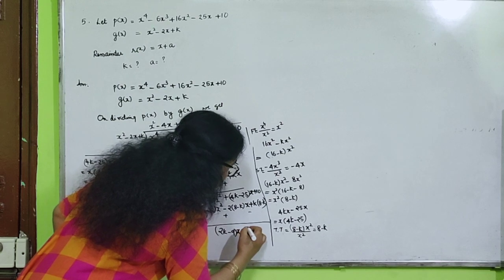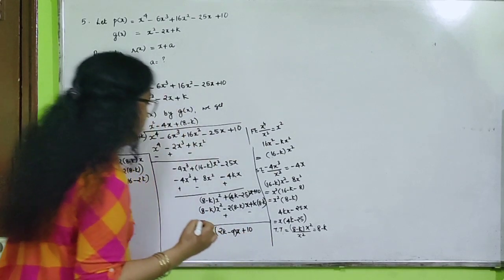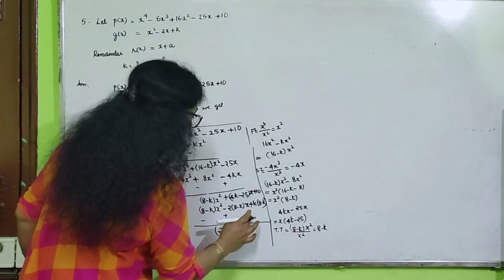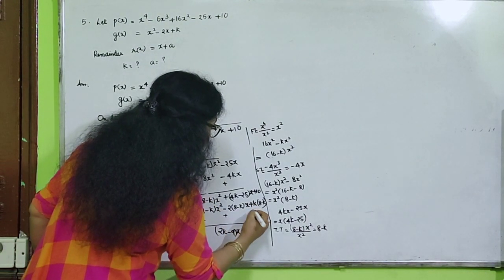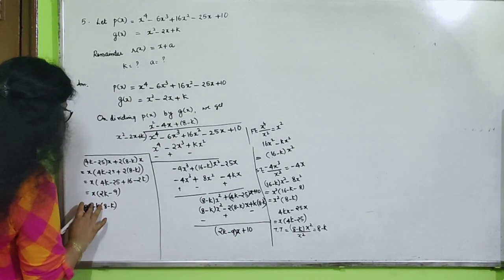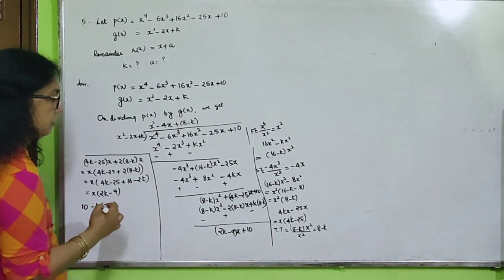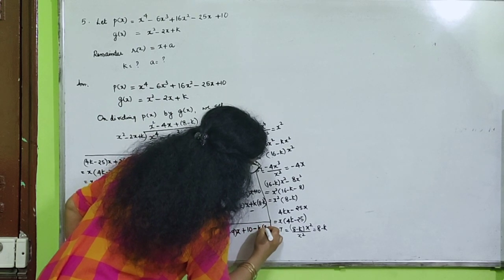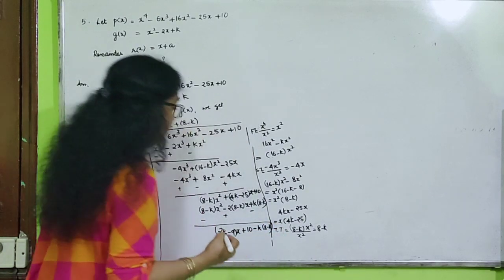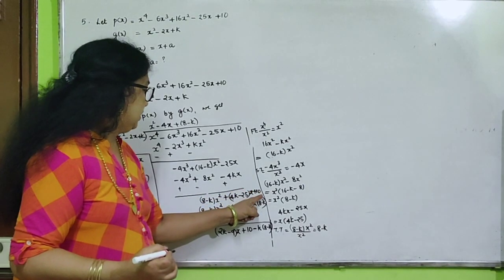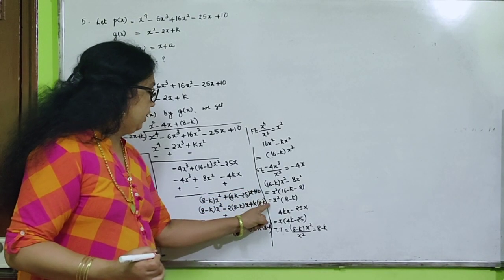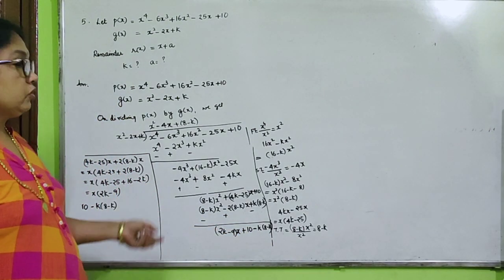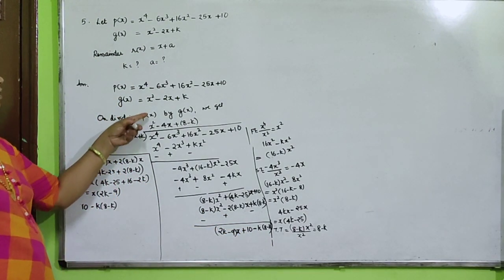So plus 10, oh, here it is a minus sign. Minus. So not plus, it is actually minus. So minus k into 8 minus k, like this only write. 10 minus k into 8 minus k. So this is the remainder. But in the question, the remainder is given as x plus a.